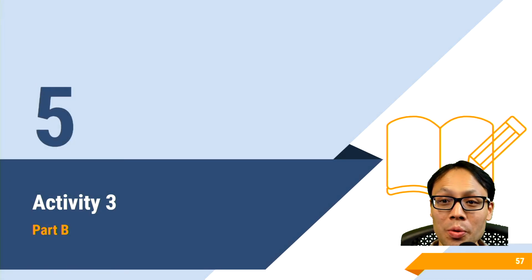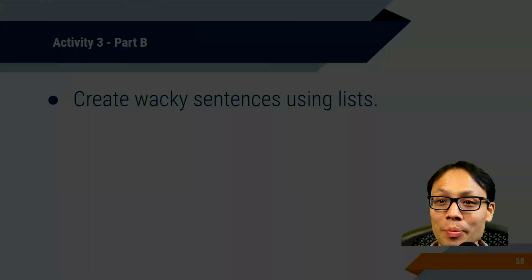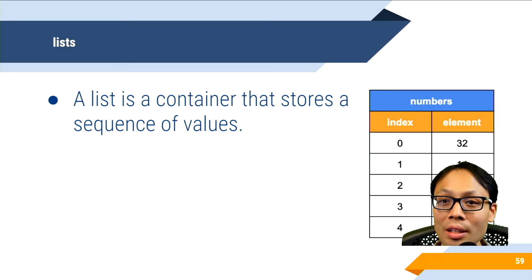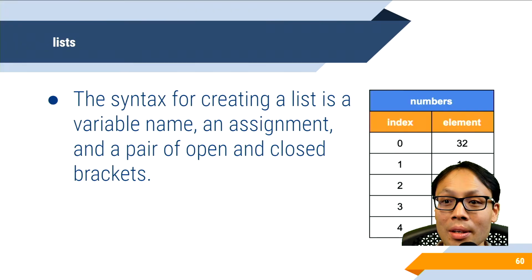All right, part 2 of activity 3 is, I know that many of you were unable to complete this yesterday, so I just wanted to do this again today. I want you to create wacky sentences using lists. So just to recap again, lists are a container that stores a sequence of values.